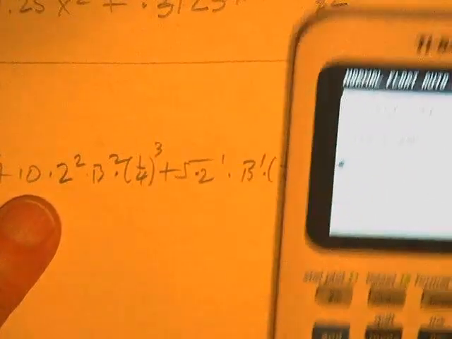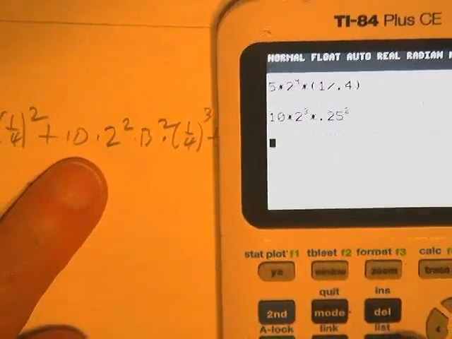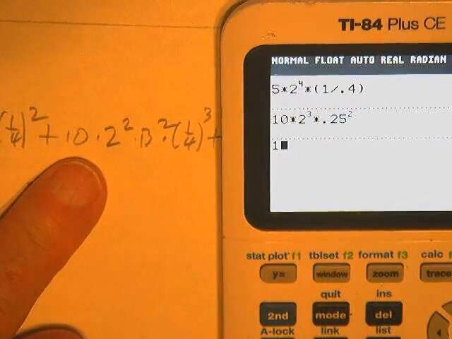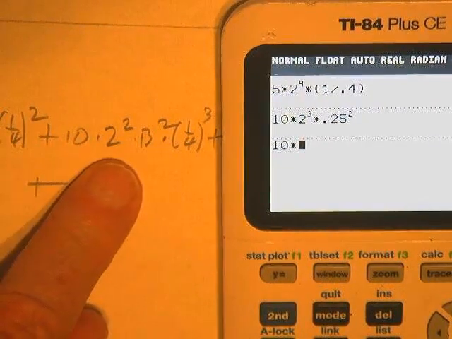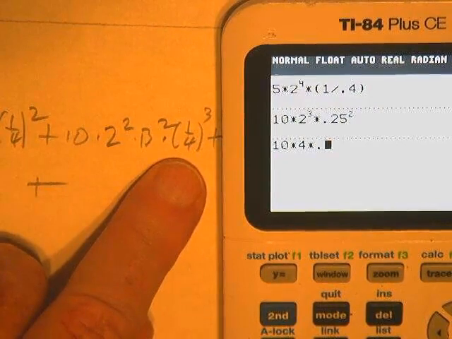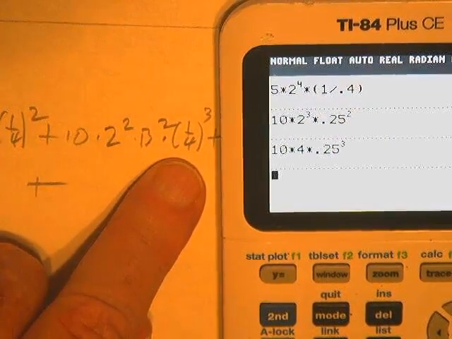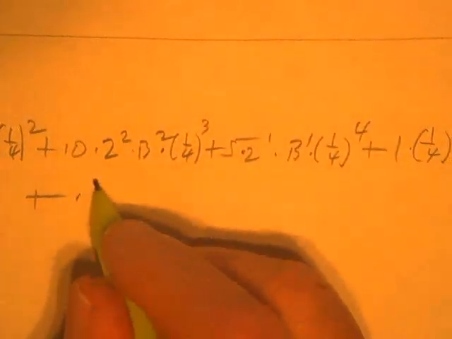Okay, let's go on over to this one. 10 times 2 squared is 4 times a quarter cubed. 0.625.